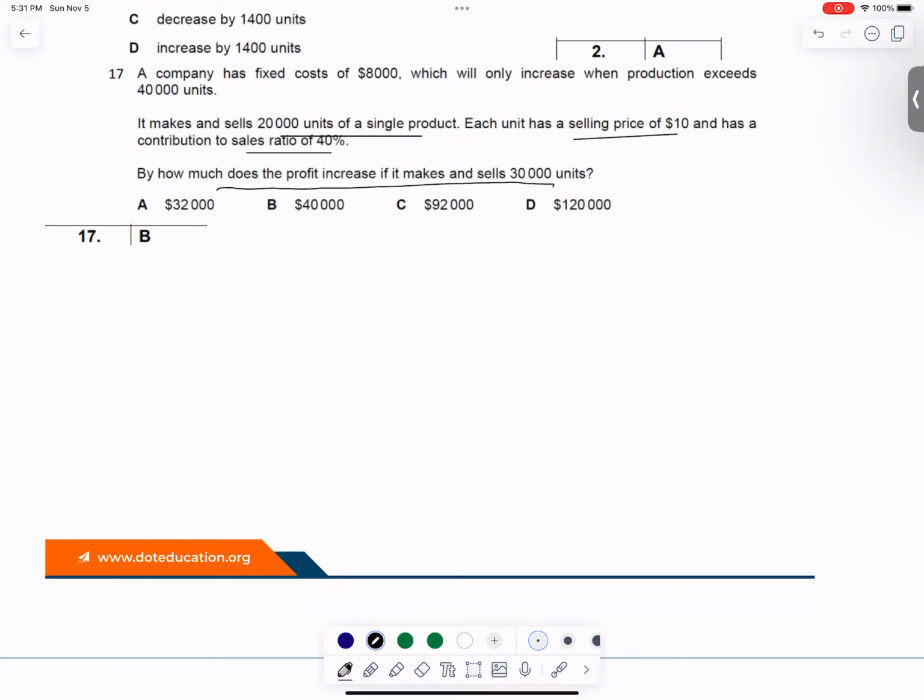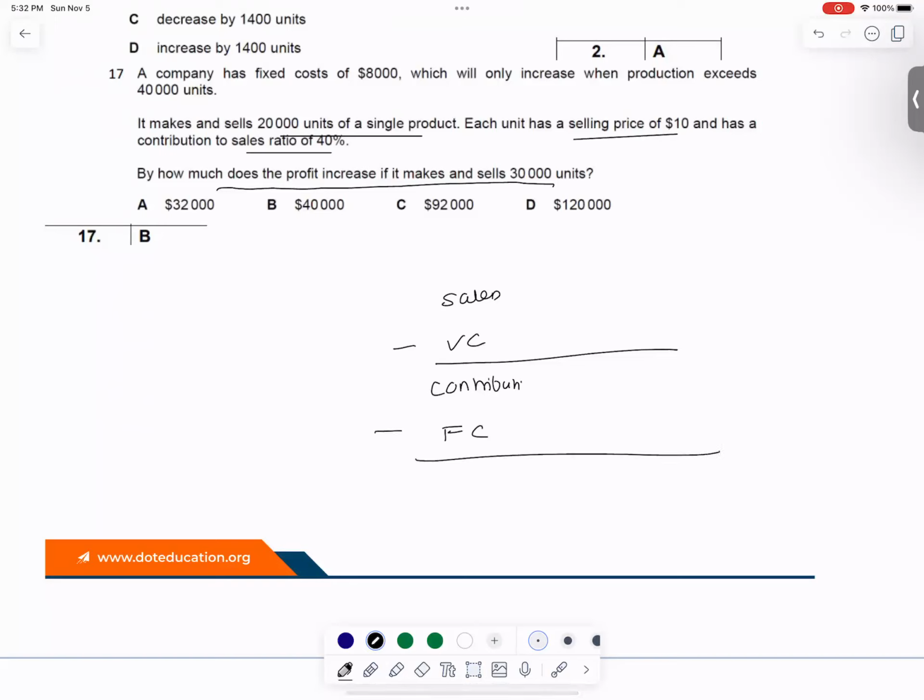I will write the formula first: sales minus variable cost is contribution, contribution minus fixed cost is profit. Fixed cost is 8,000. I am making and selling 20,000 units.